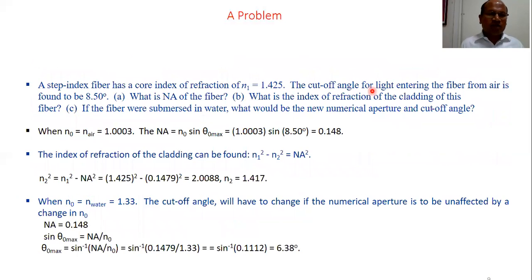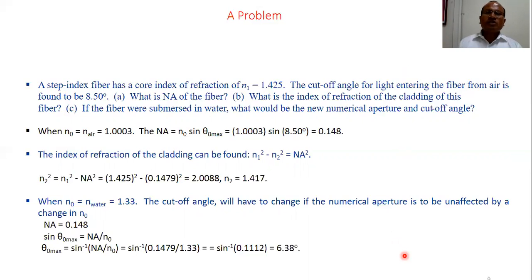Then we have done one problem. We have seen that when the light enters from air, and in the next scenario when the light enters from water, the acceptance angle and the numerical aperture both change. So this lecture is very important for discussing the two important parameters used to understand the propagation of light: whether the light can be propagated or not, and how much light can be propagated without attenuation, because we have noted how much angle is allowed.